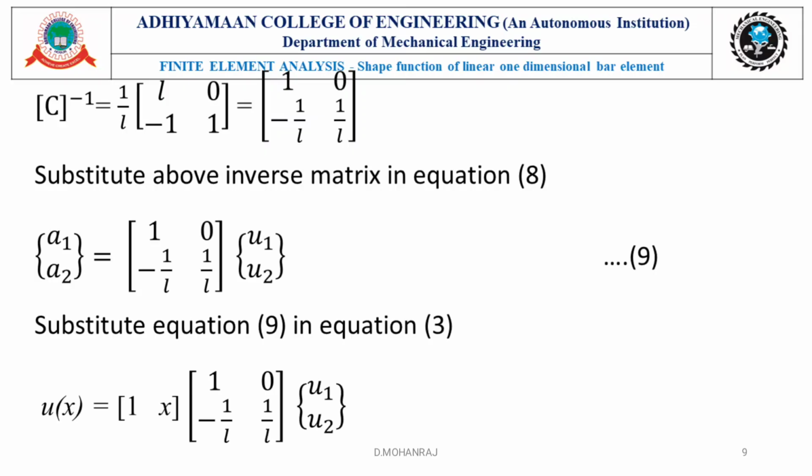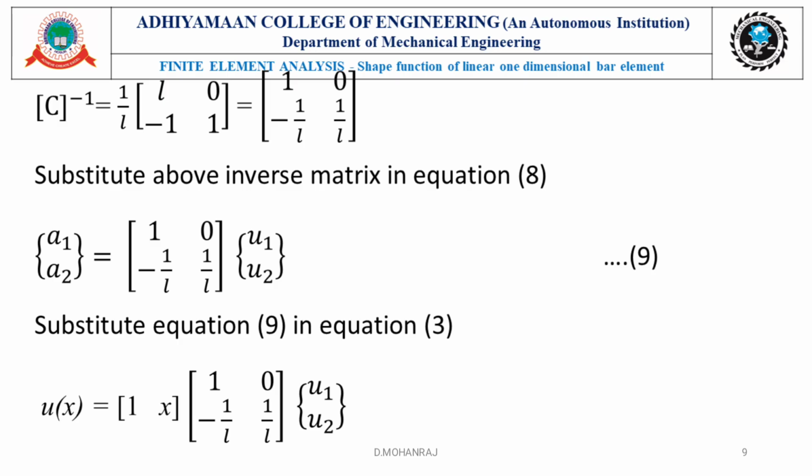Now we are going to substitute this inverse in equation 8, and we are going to multiply those matrices, or else we can directly substitute that a1 a2 unknown value in equation 3. So in equation 3, u of x is equal to [1 x] multiplied by [a1 a2], it was given in equation 3.